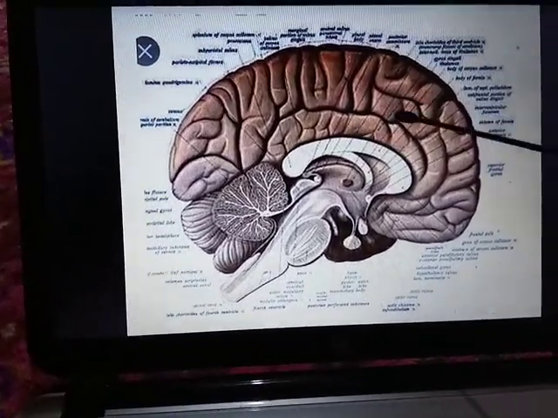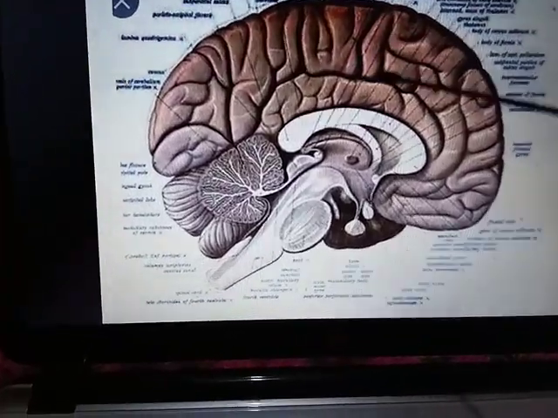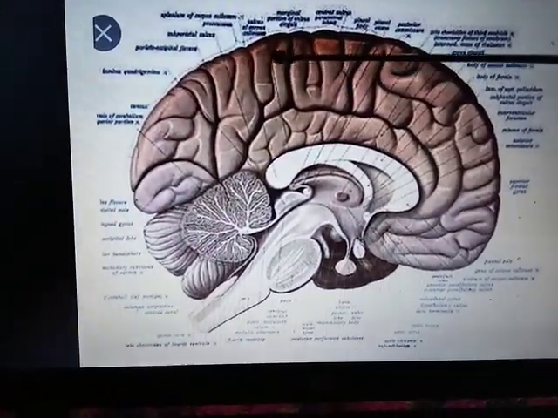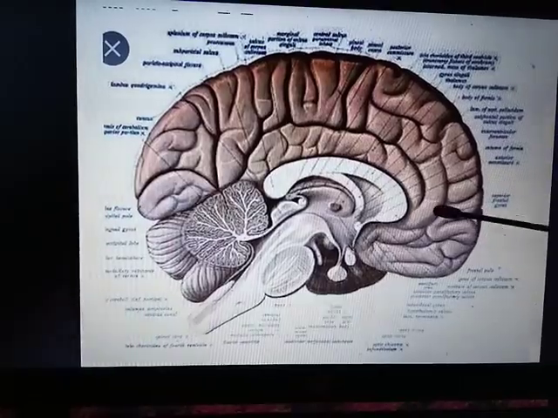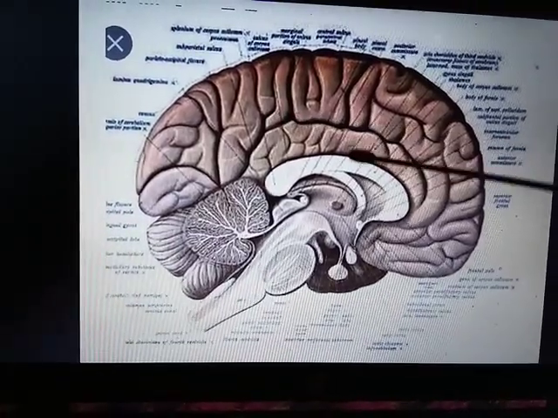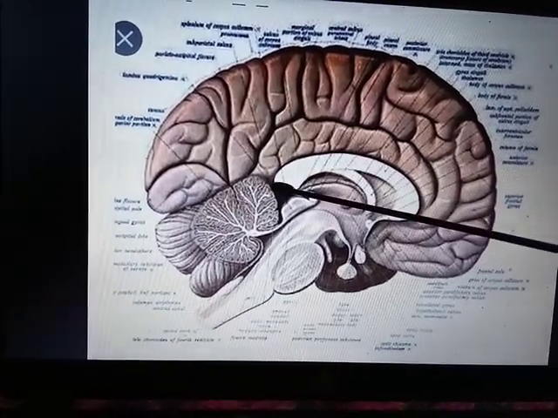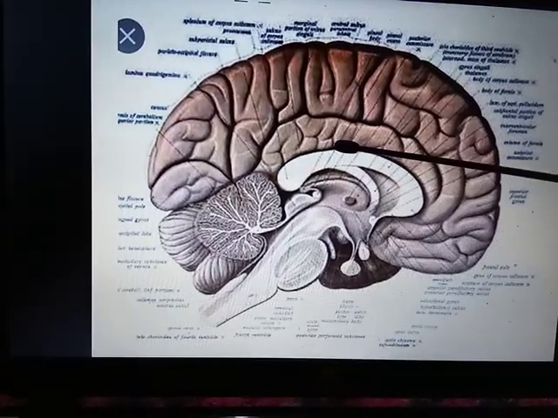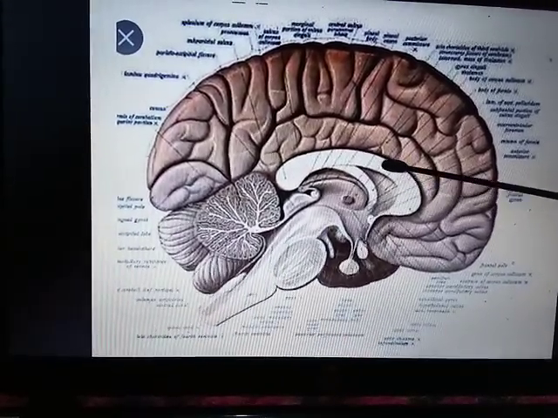Fine. Now talking about the various sulci and gyri, we will be talking about them in detail. Since this is the corpus callosum, the sulcus above it will be the callosal sulcus.